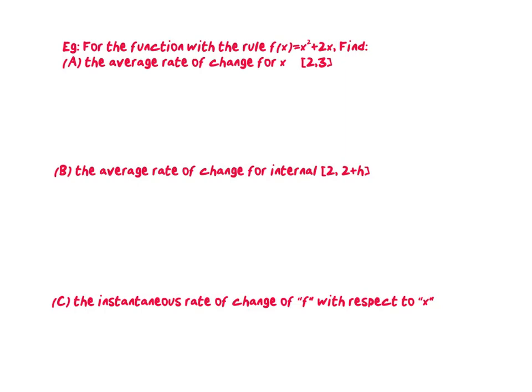Okay, so for this question, for the function with the rule f of x equals x squared plus 2x, find the average rate of change. So average rate is when you do the function, so we're going to do f of, and you pick the larger x value, so f of 3 minus f of 2, over 3 minus 2. So every time we see x, we'll put a 3.